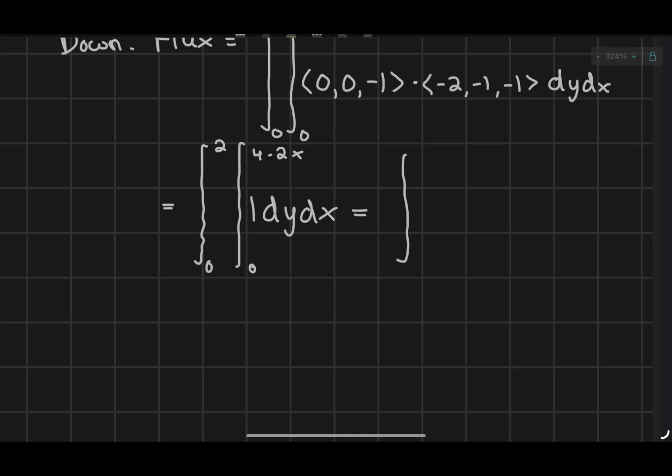We're going to have the integral from 0 to 2 of y from y is equal to 0 to y is equal to 4 minus 2x dx.